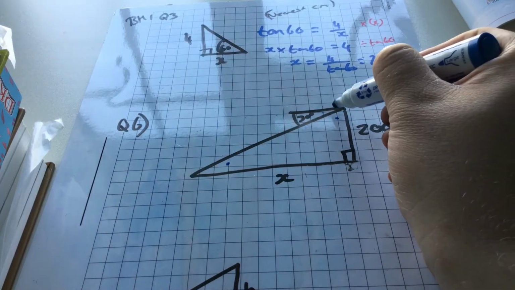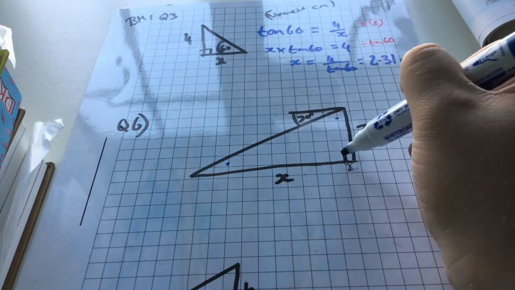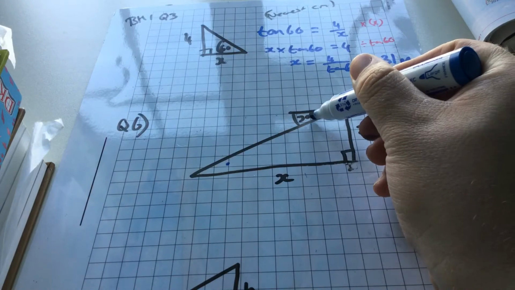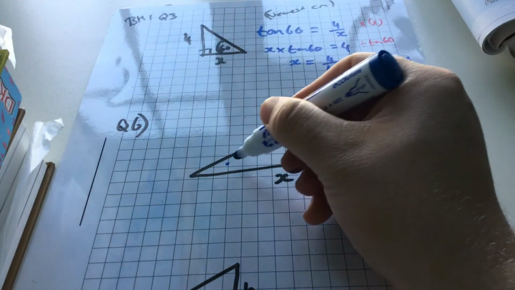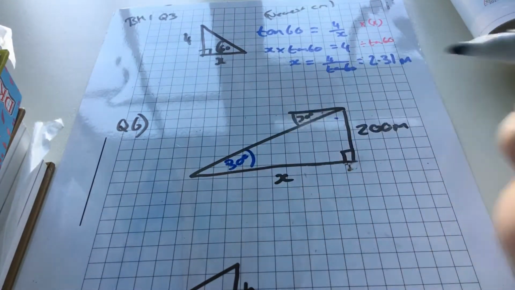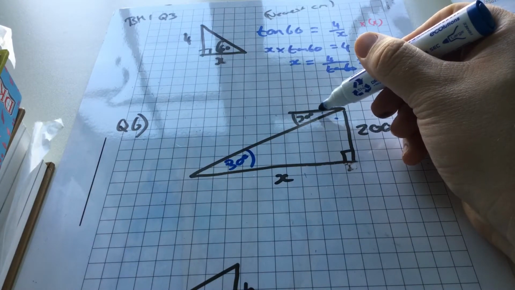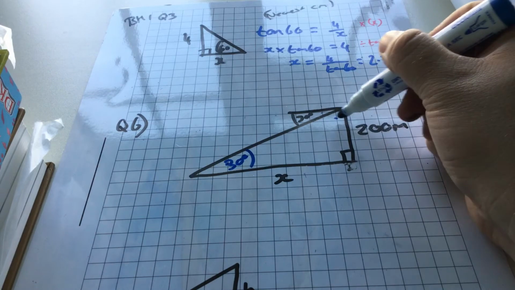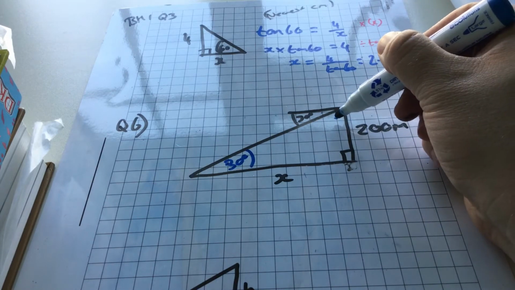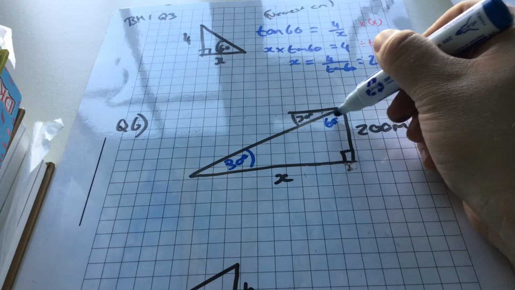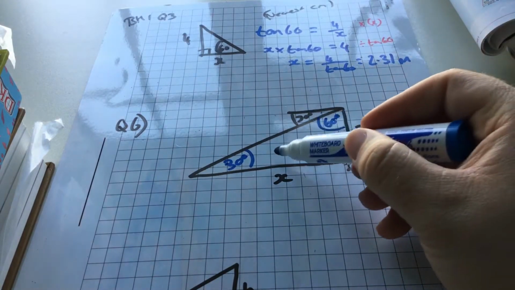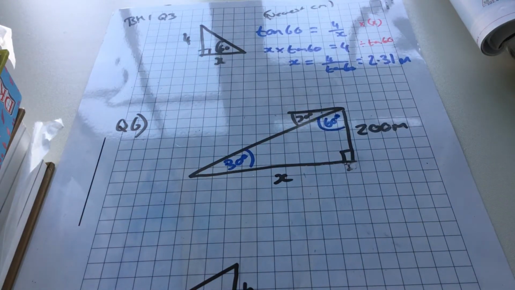The first option is that this line is parallel to this line, which means these are alternate angles. So this is 30 degrees. The other option would be to take this angle here as 90 degrees together. So that would make this one 60 degrees. It is up to you which you take.